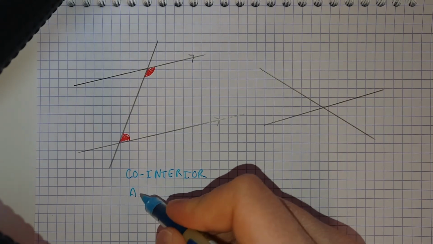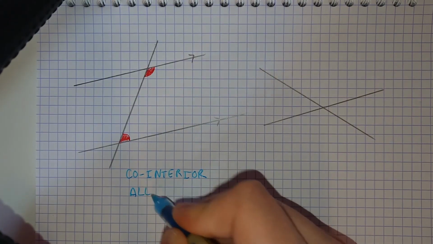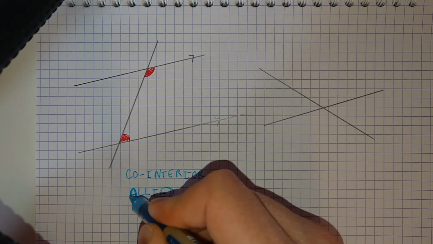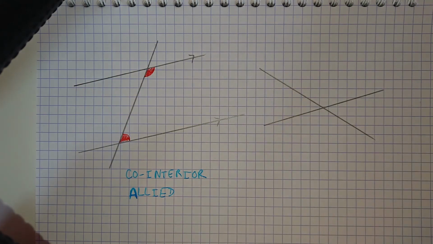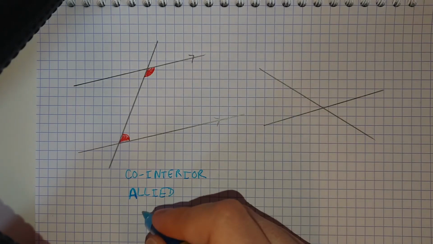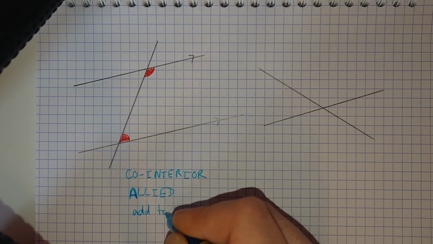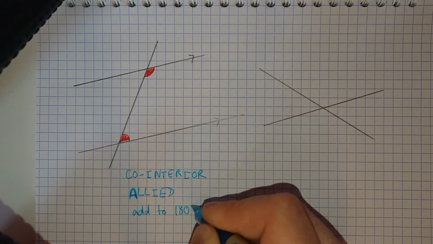We use the name allied angles. You can use either, it's up to you. So allied angles is also a perfectly good word to describe the relationship between these two. They're not the same. They add to 180 degrees.